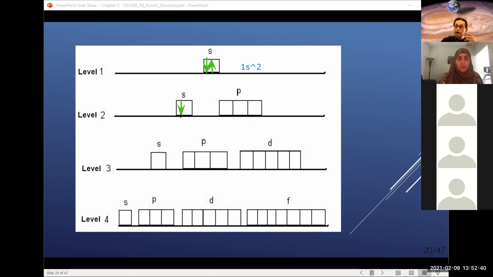Remember I said everybody in group 1 has 1 electron in its outermost shell? That 1 valence electron is in level 2. The other 2 electrons are in the next energy level. So this represents lithium. Straight across to beryllium, number 4.